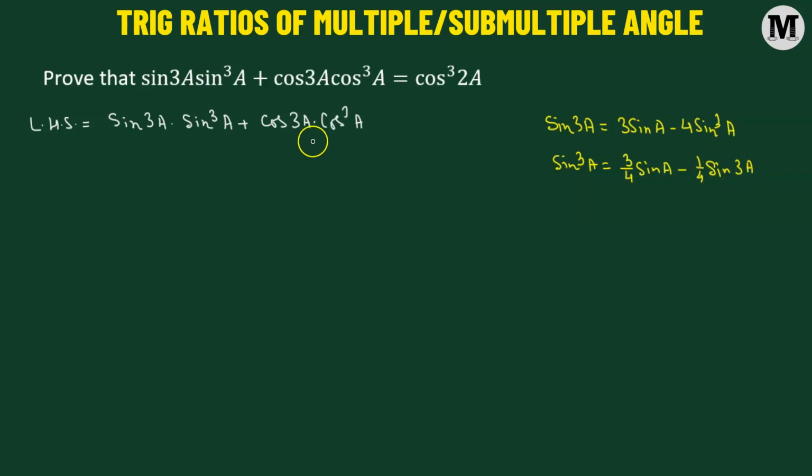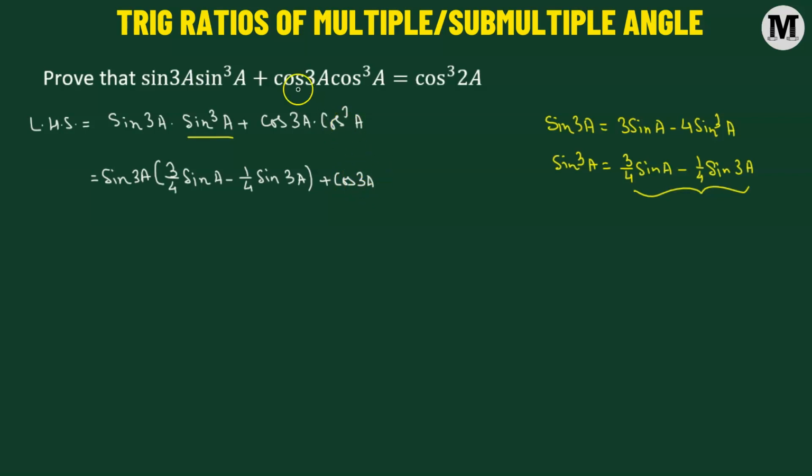So we'll replace sine cube a with this value. Let's do that. We get sine 3a multiplied to 3 over 4 times sine of angle a minus 1 over 4 times sine of angle 3a, added to cosine of 3a.